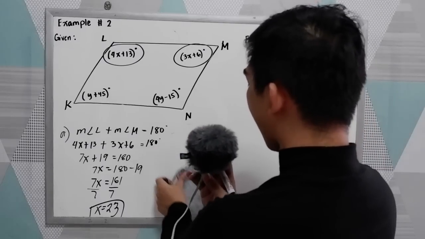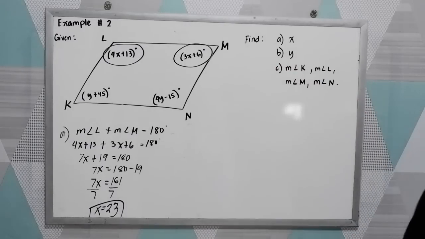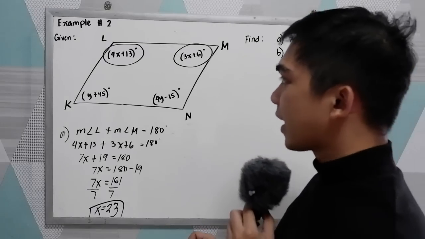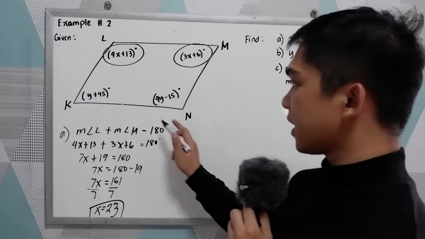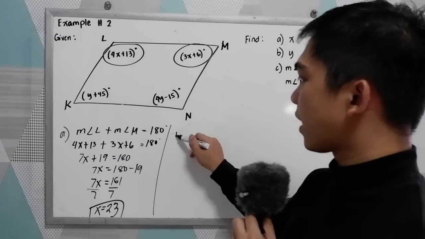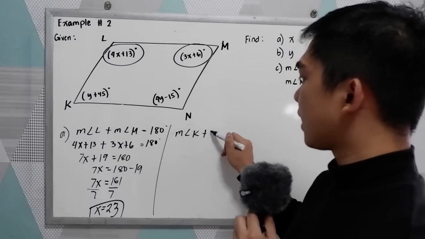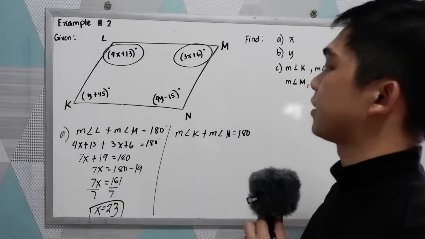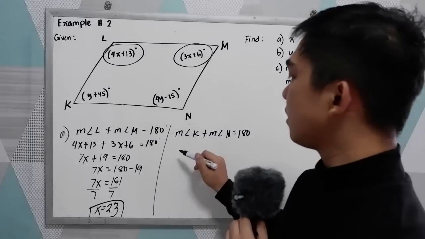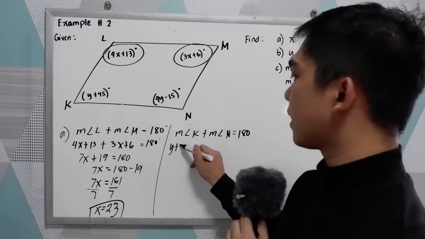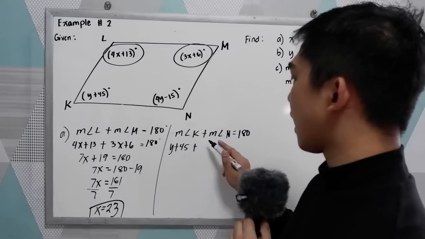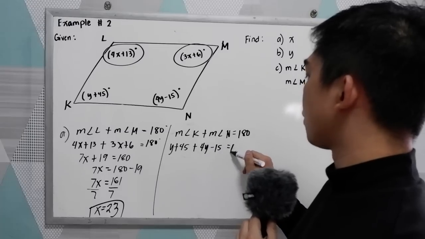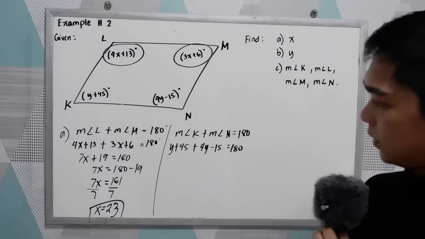Next, after finding x, proceed to letter B, solve for y. Again, applying our property number 3, measure of angle K plus measure of angle N is equal to 180 degrees. K is y plus 45 plus angle N is 4y minus 15, is equal to 180.